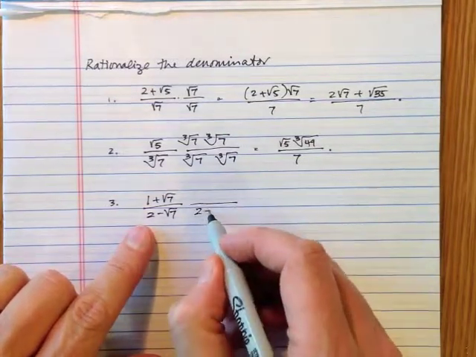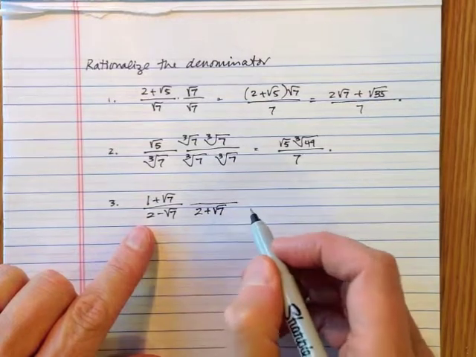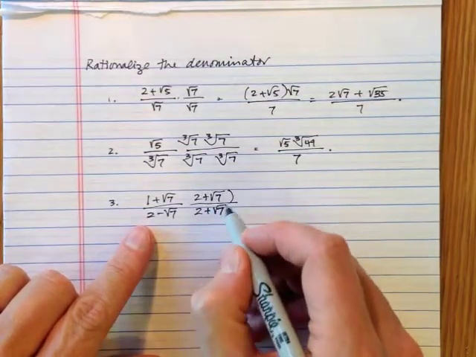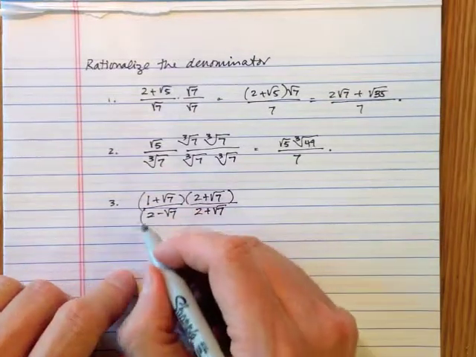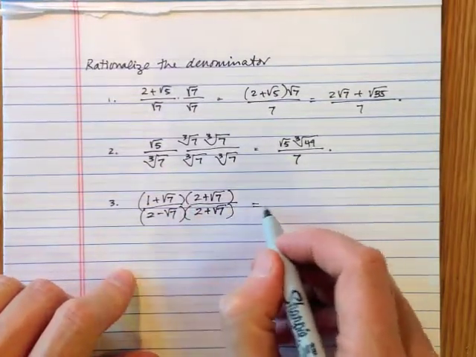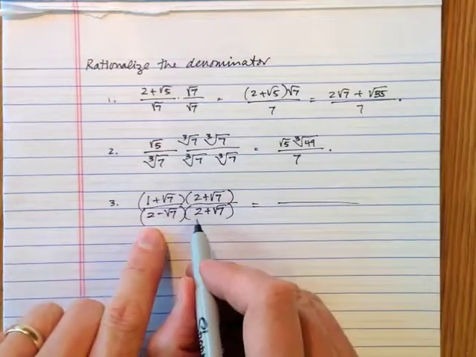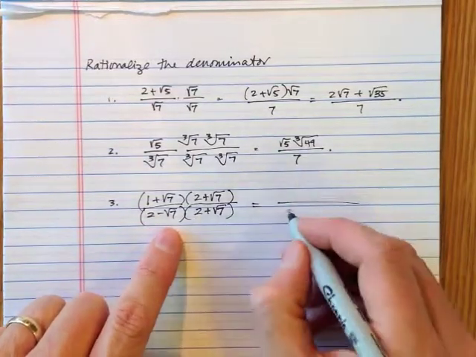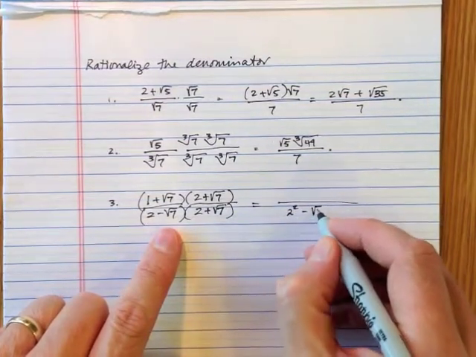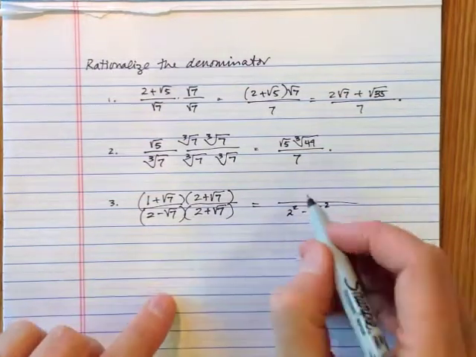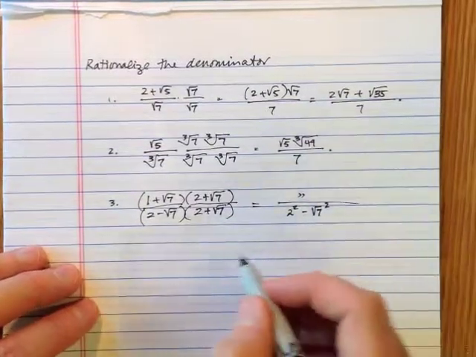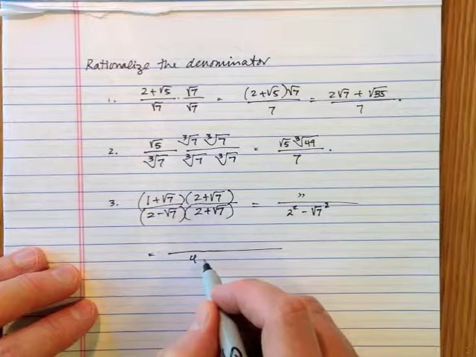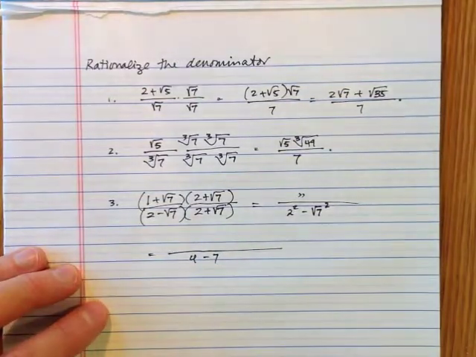If I multiply the denominator by 2 plus the square root of 7, and I'll have to do the numerator the same way to justify doing it, then see the denominator is a square minus a square. It's going to be 2 squared minus radical 7 squared. And on the top I just get some stuff. But the denominator is going to be 4 minus 7, or negative 3.